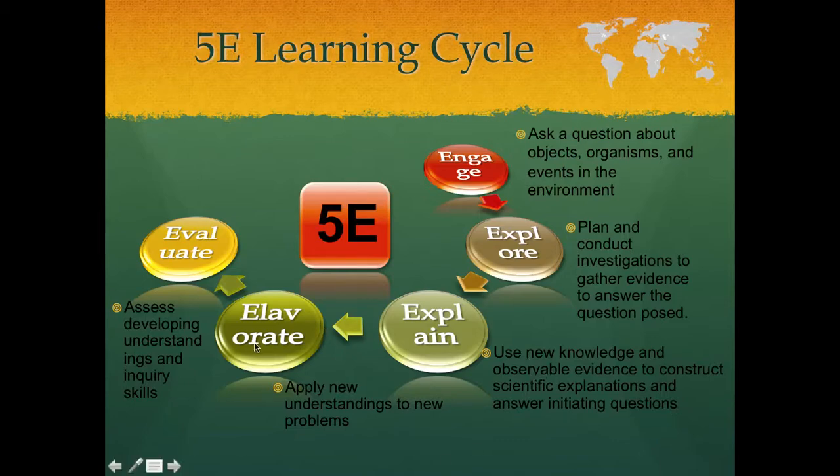And then elaboration is application. That means once the students develop a new concept, a new finding, then you need to bring another activity where students can apply what they learned. So that's elaboration. And then all these steps need to be evaluated. Of course, the evaluation can be the last step, but the evaluation can assess all steps: engage, explore, explain, elaboration.